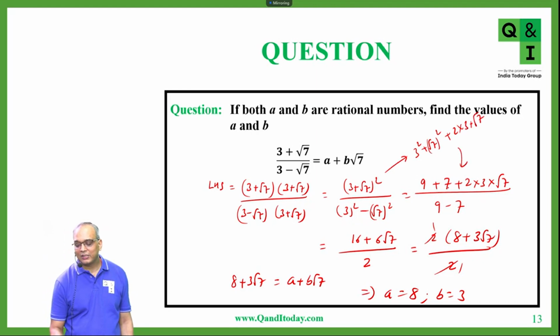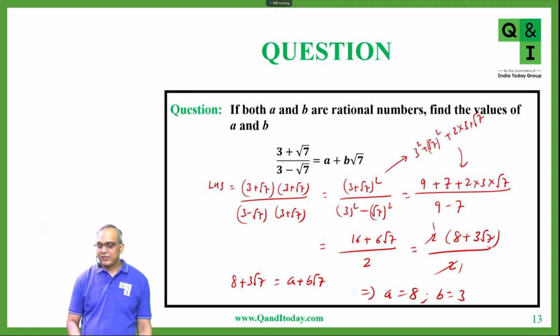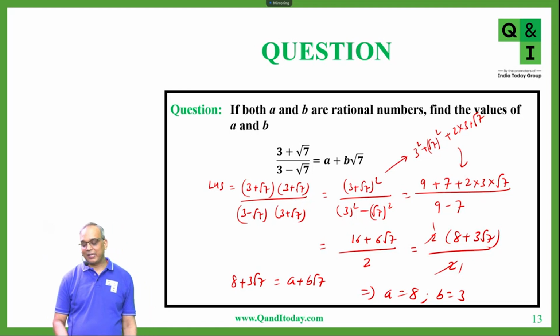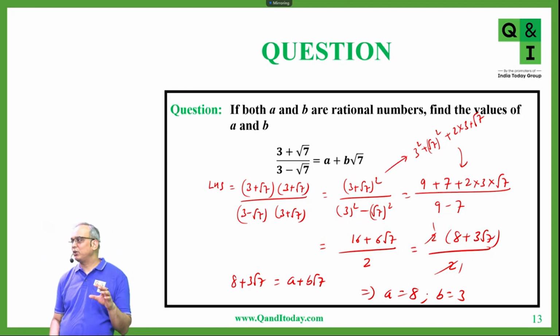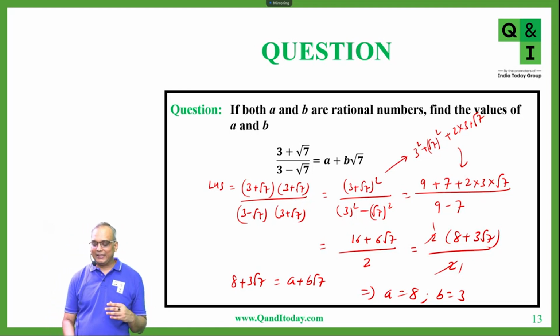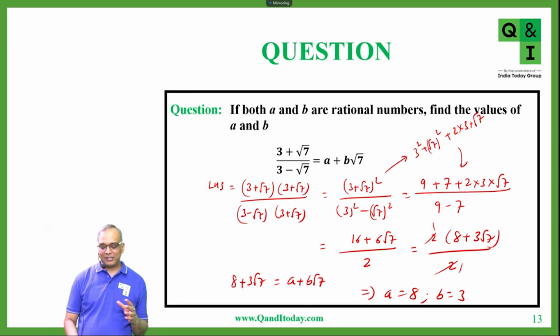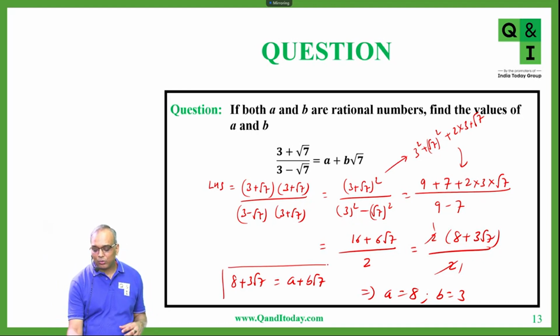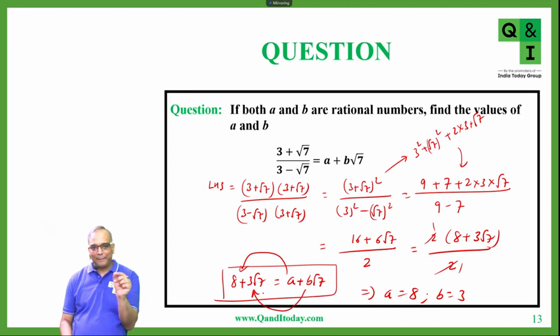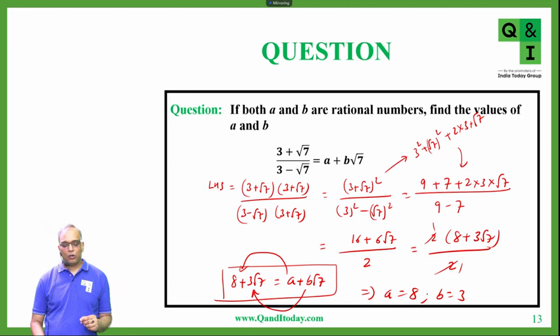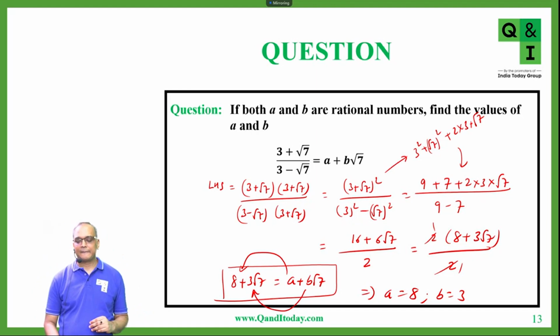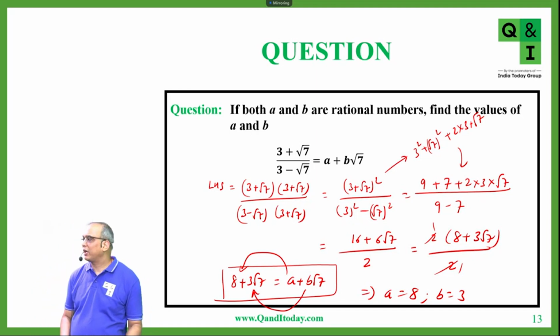So when you solve this, you will get 16 plus 6 root 7 by 2. Now in the numerator, we have taken 2 as common, and then we have 8 plus 3 root 7 remaining. If we equate it to a plus b root 7, you will find that the value of a will be 8 and value of b is 3 by comparing the coefficients on both LHS and RHS. Is it clear now, Anna?